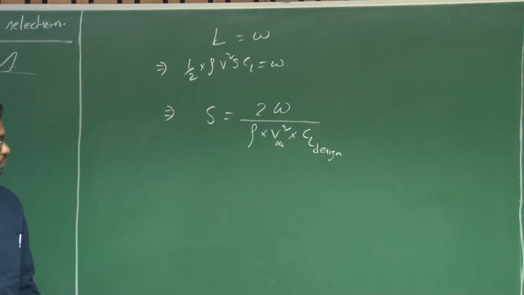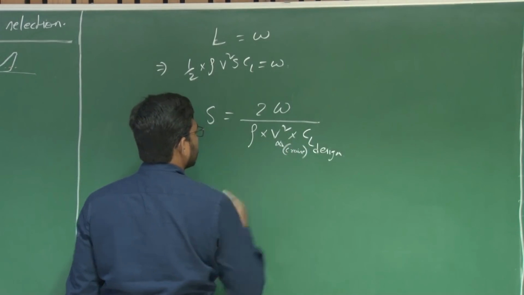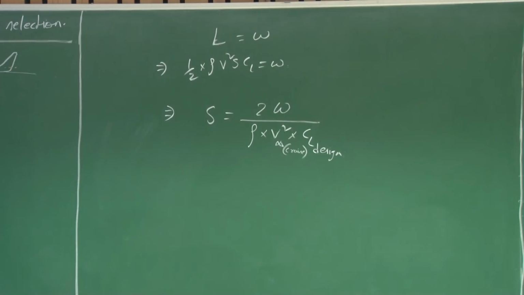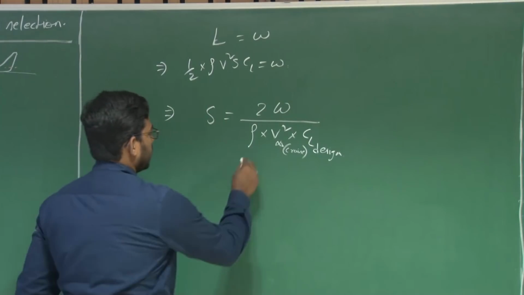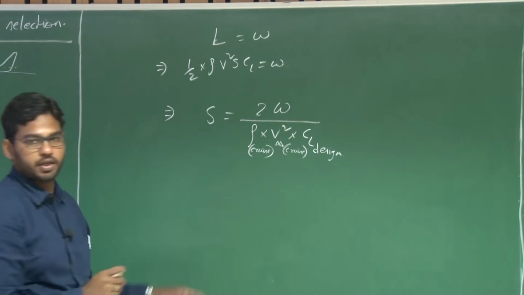So CL design implies V cruise. V cruise is an input and the rho cruise is from the cruise altitude.